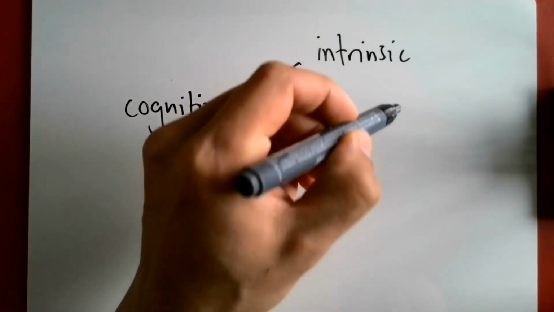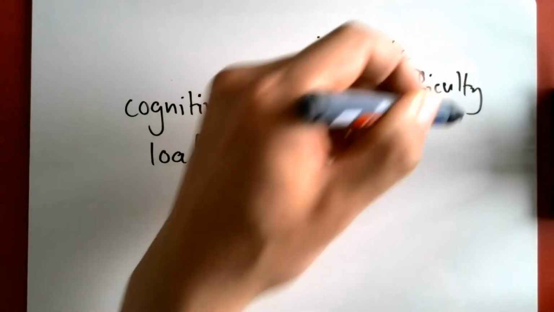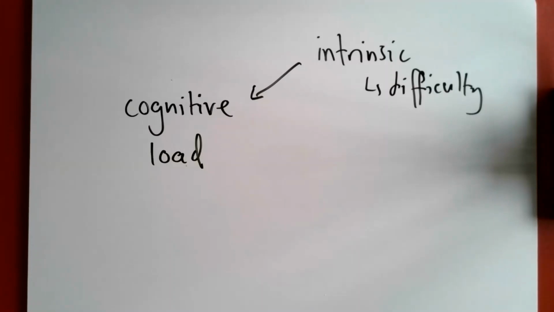The intrinsic load is basically down to the difficulty of what you're trying to have your students learn. Now, that's obviously very different from one student to the next, let alone from one bit of knowledge to the next. So it's not just about how hard we think a concept is, it's thinking about how easily students are going to be able to pick up that concept. So it's thinking about the prior knowledge they have before, for instance.